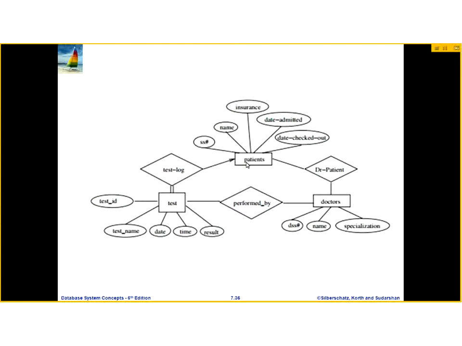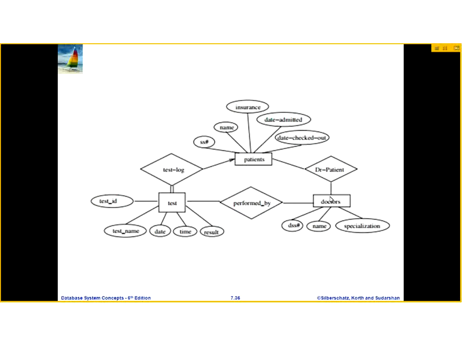So patient test log is there for patients. Now here you can see that one patient can have many test logs, but one test log will be for one patient only. One test can be performed by many doctors, and one doctor can perform many tests.